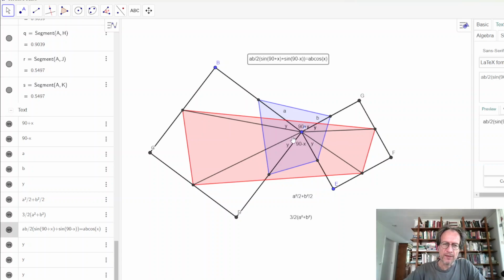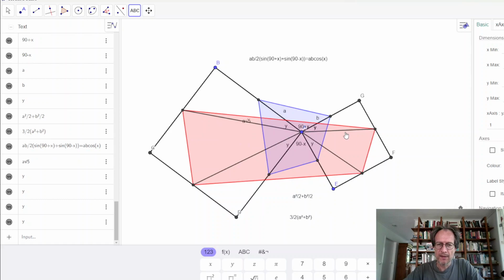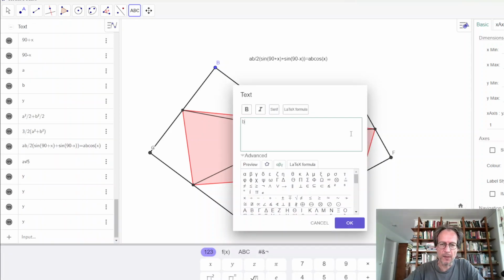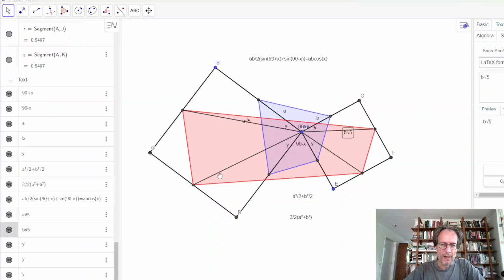Now we go to the red. We have to find these side lengths, and because we have here a 1 to 2 triangle, it's very easy to see that this has the length a times the square root of 5. And similarly, this has the length b times the square root of 5. This one is exactly the same, so it's also a square root 5, and this is also b square root 5.